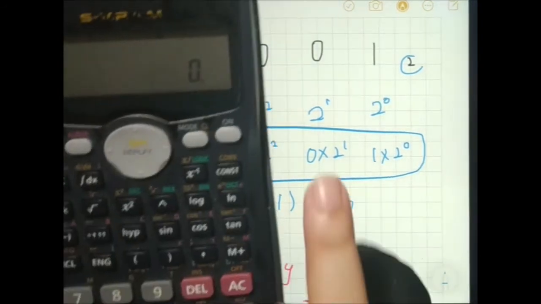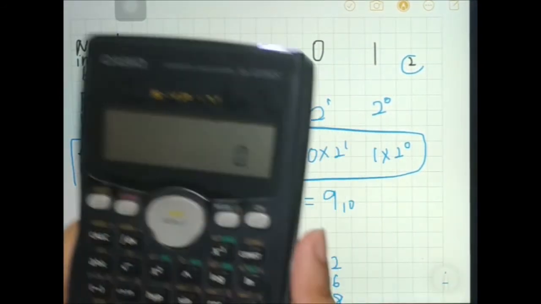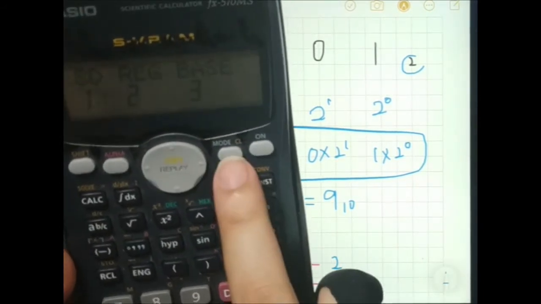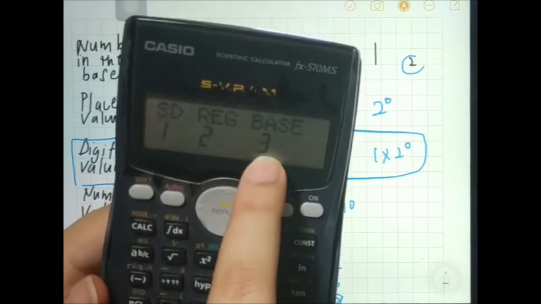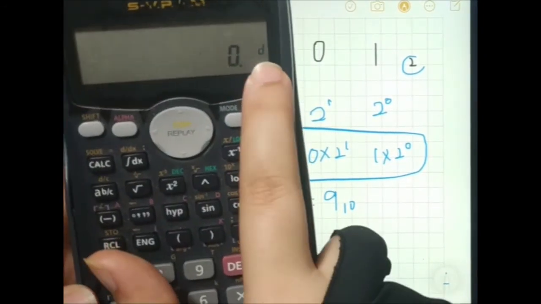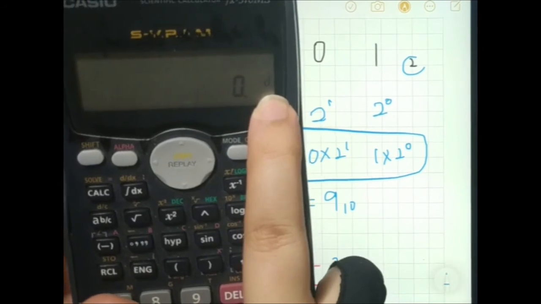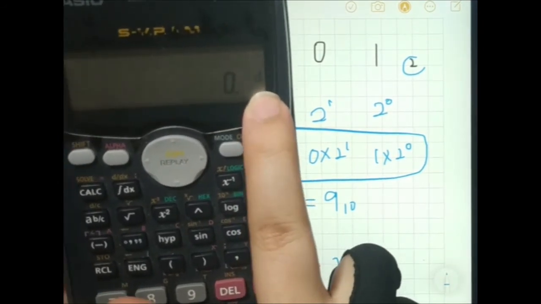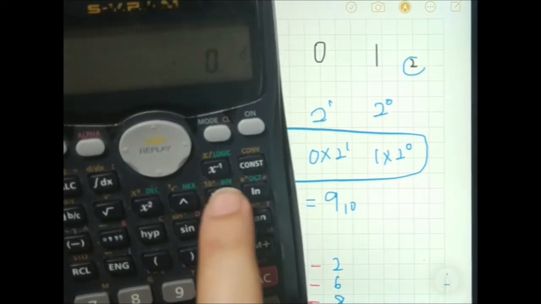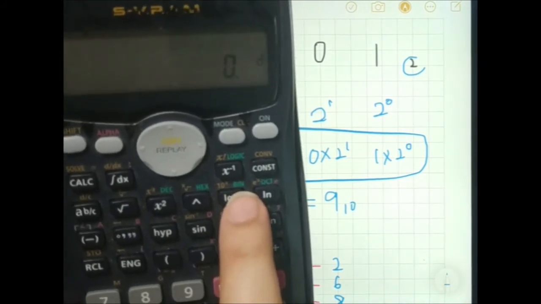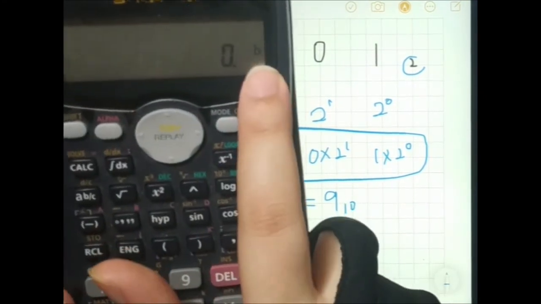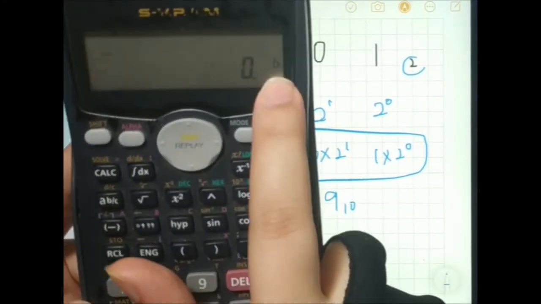The first thing I have to do is press the mode 2 times, and do you see this base? So we press 3. D stands for deca, which is base 10. So we press log here, which has bin on it. Bin is for binary, which is base 2. So we see it as the B there.